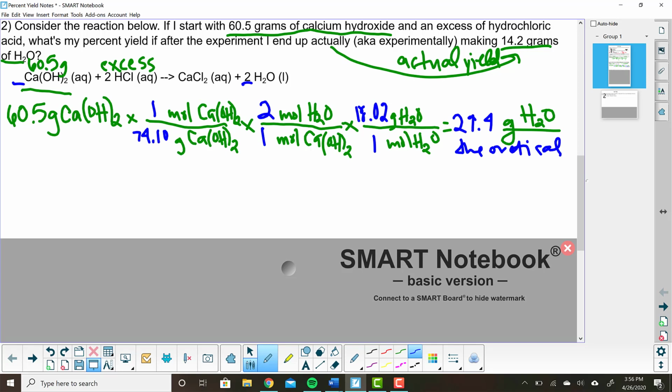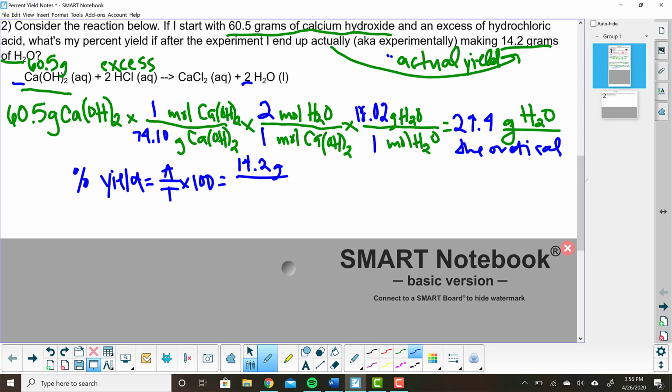Then, once you know the theoretical yield, we can compare it to the actual yield and calculate our percent yield, simply using the equation. Percent yield is actual over theoretical times 100%. So the actual yield, 14.2 grams of water.